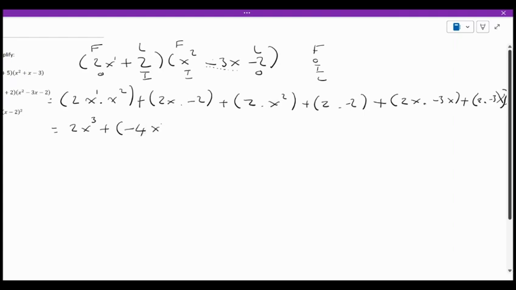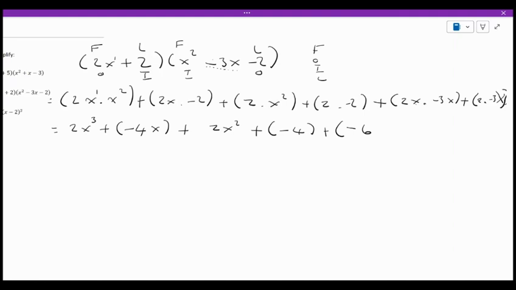Then we just carry this variable, plus we have a 2 times x squared. We have 2x squared plus 2 times negative 2. That will give us negative 4. You see, the ones with the negatives are in brackets because we know that is going to change in due time. And then we have plus 2 times negative 3. What is that? Negative 6.